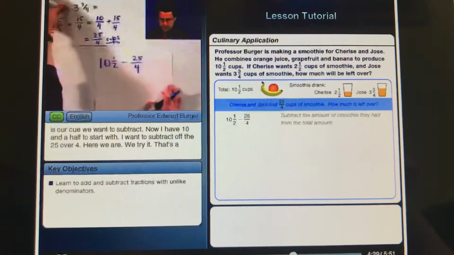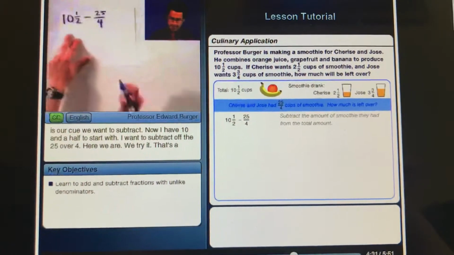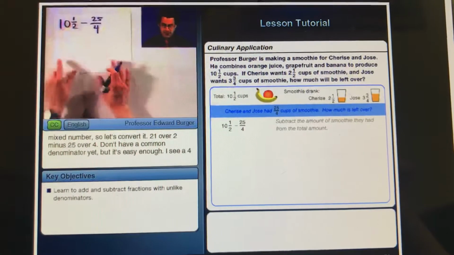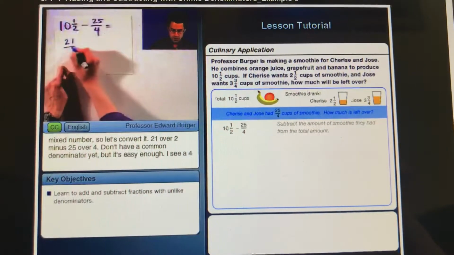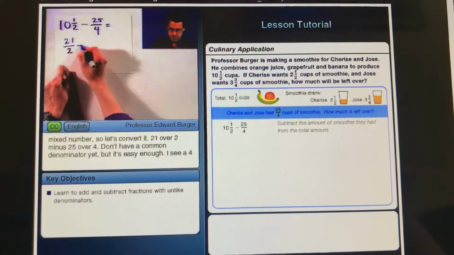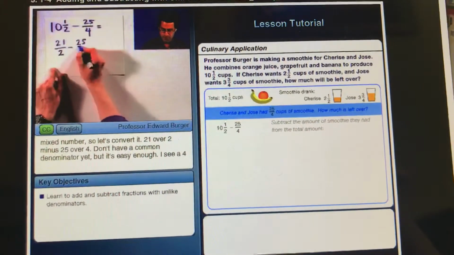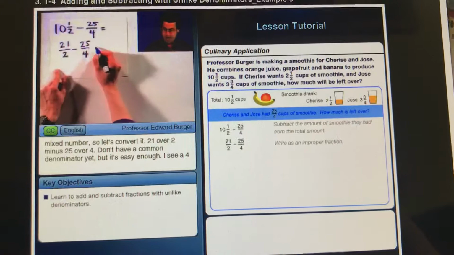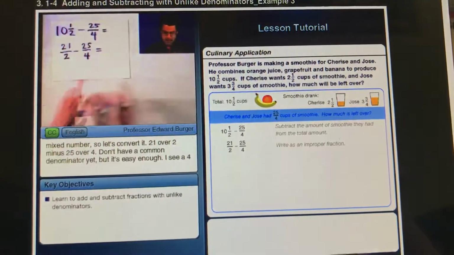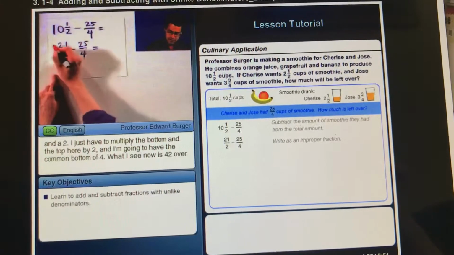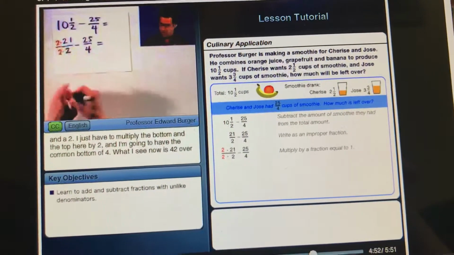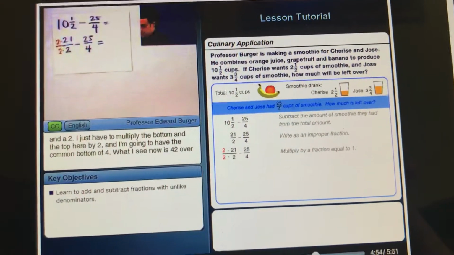So here we are. That's a mixed number, so let's convert it. That's 21/2 minus 25/4. Don't have a common denominator yet, but easy enough. I see the 4 and the 2. I just have to multiply the bottom here by a 2 and the top here by a 2, and I'm going to have the common bottom of 4.